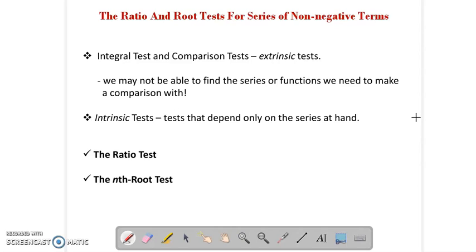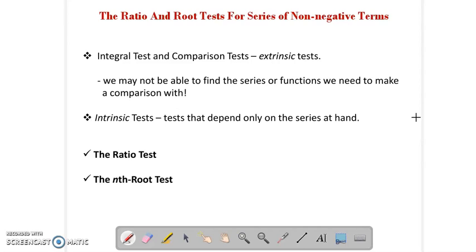As a practical matter, we may not be able to find the series or functions we need to make a comparison work. Also, in principle, the information about a given series should be contained in its own terms. Their terms should give the behavior of that series.